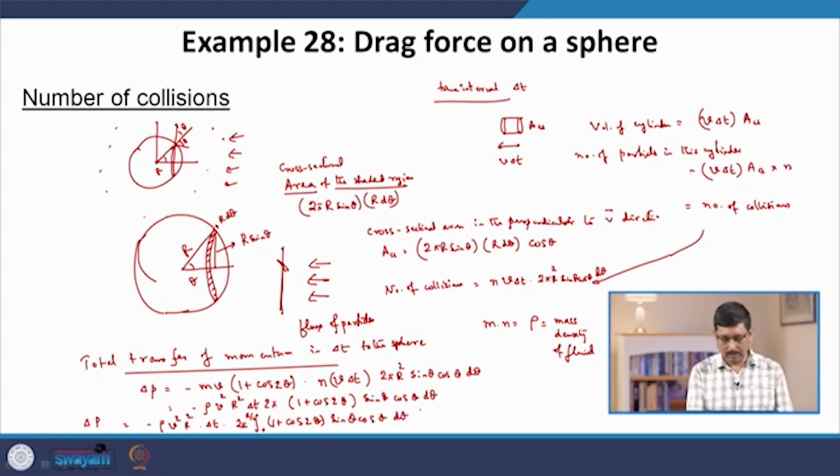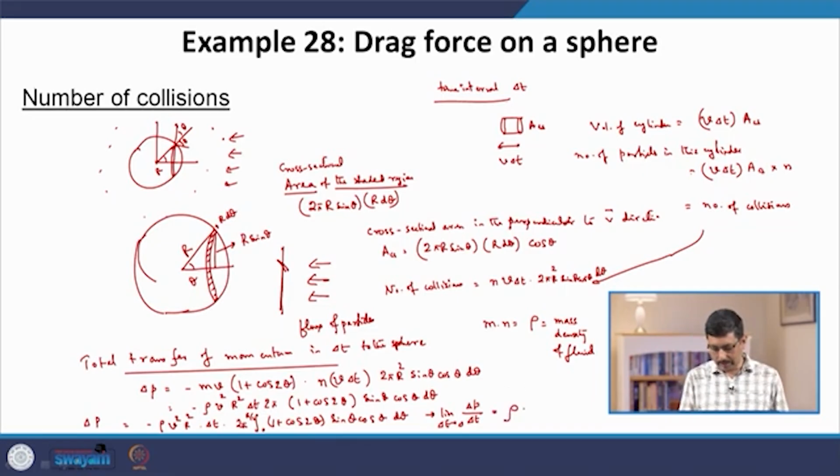Now note that we do not need to know the value of this integral to get the force, because the force is given by the definition that if we take the time interval going to 0, very small, then the rate of change of momentum is given by this force.